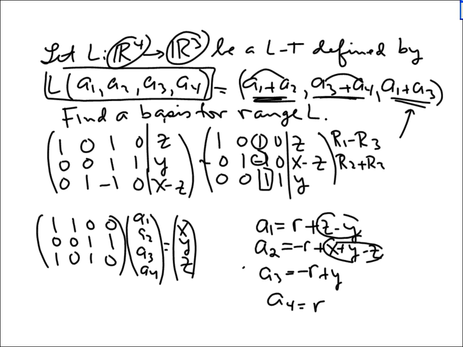And the answer was, there's no constraint on what I can get for x, y, and z. There was no constraint. Because whatever r is, I can add z and then take away y.